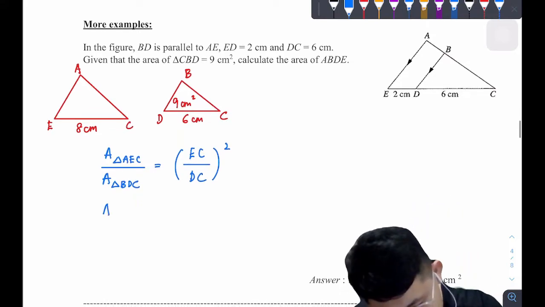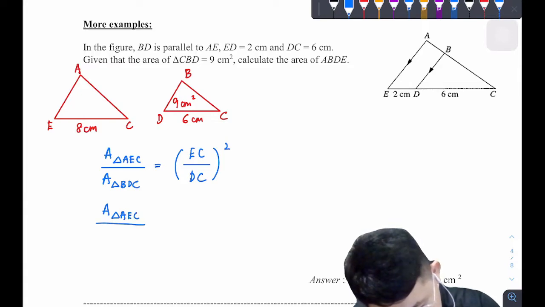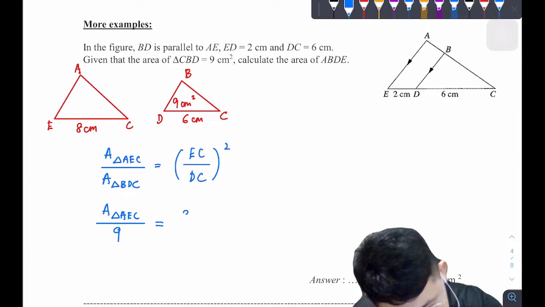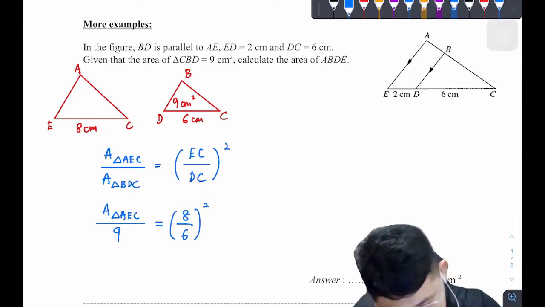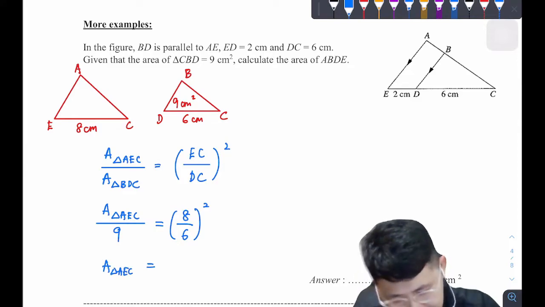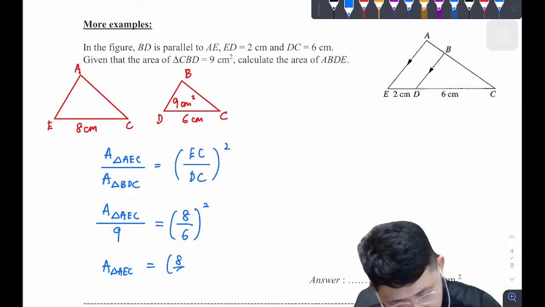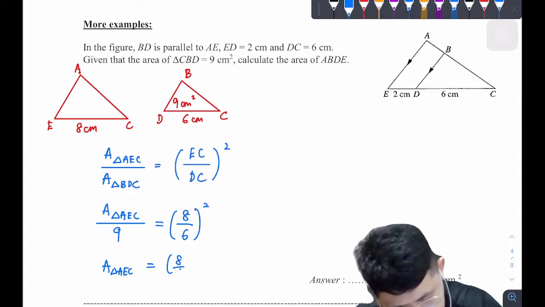So I need area of triangle AEC over BDC, which is 9. EC is 8, DC is 6. Just make sure that the units are the same. So the area of triangle AEC is going to equal 8 over 6 square times 9.